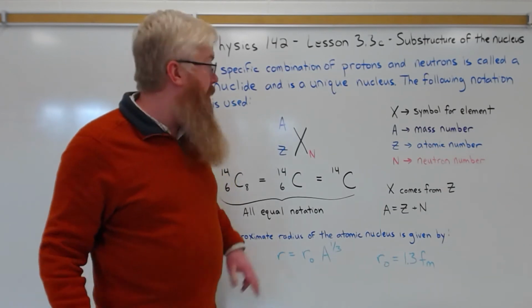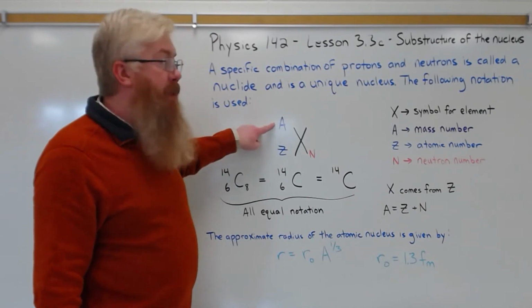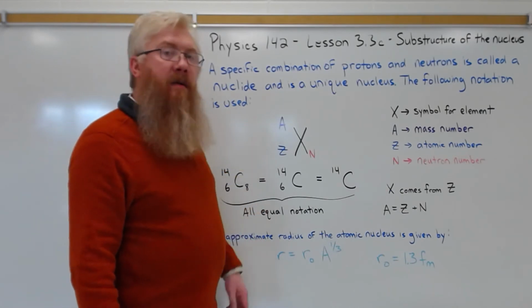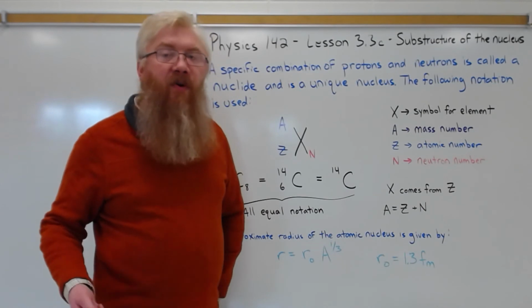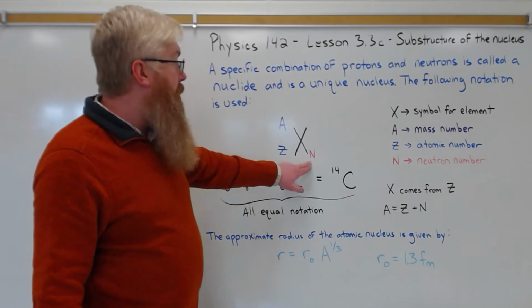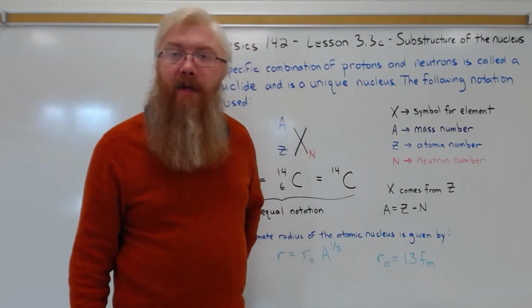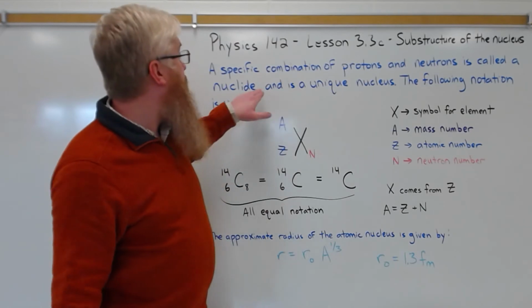Carbon 14 has a mass number of 14, which means that if 6 of those are protons, then of those 14, 8 have to be neutrons. And then finally, the last number here, N, is the neutron number. How many neutrons are in the element, or in the nuclei?